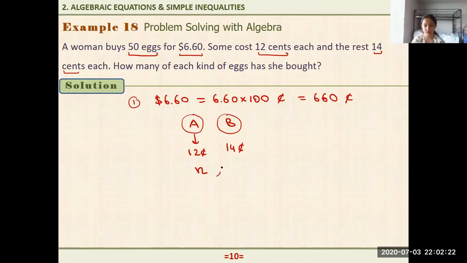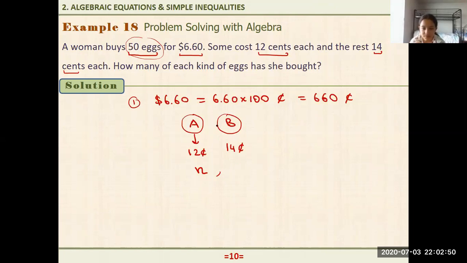Look, listen carefully. Altogether, she bought 50 eggs. And if n of those eggs are chicken eggs, how many duck eggs did she buy? Here, the lady bought chicken eggs and duck eggs, right?